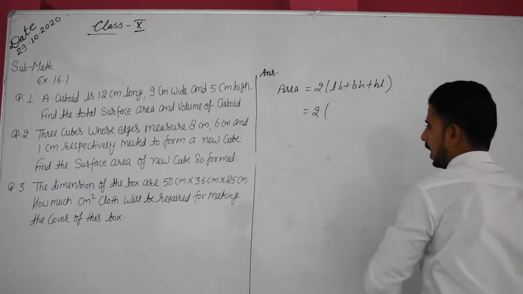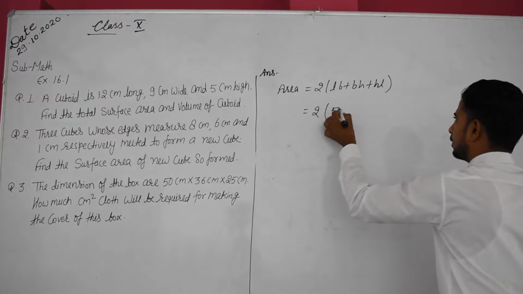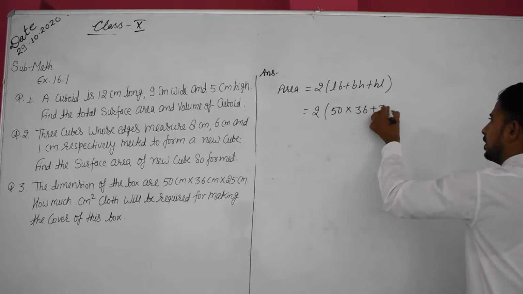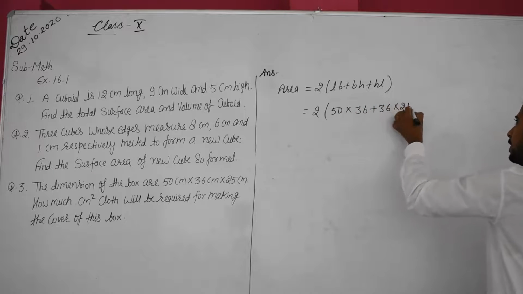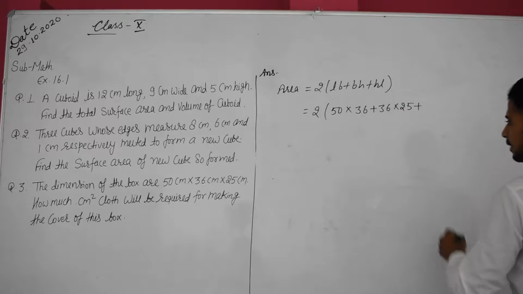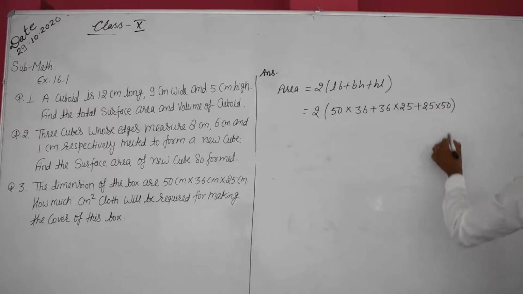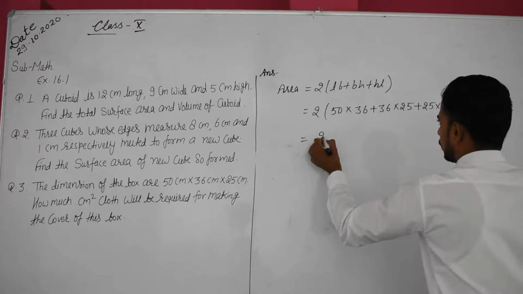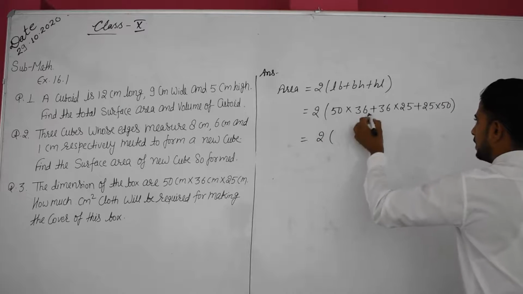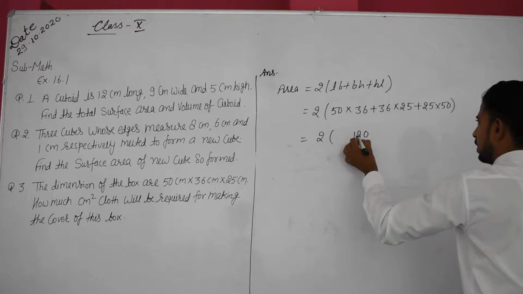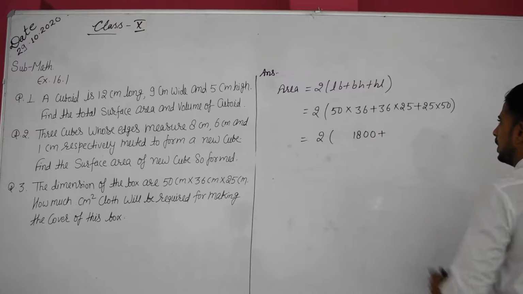2 into L means 50, multiply B means 36, plus B 36 multiply 25, plus 25 multiply by 50. 36 times 50 is 1800.